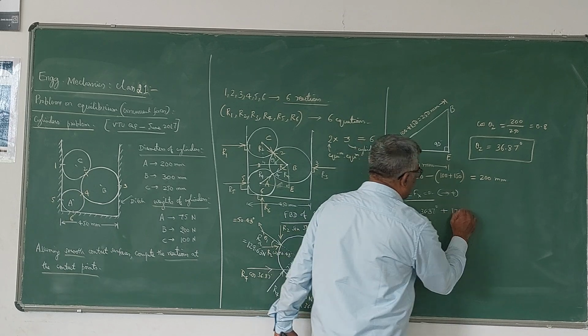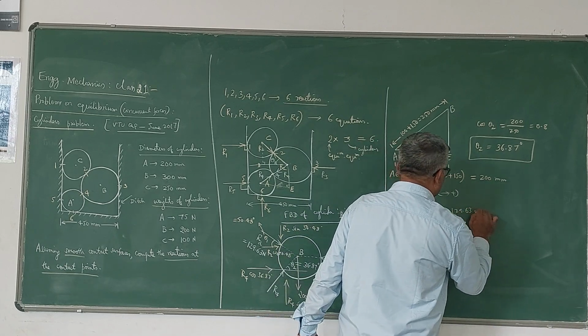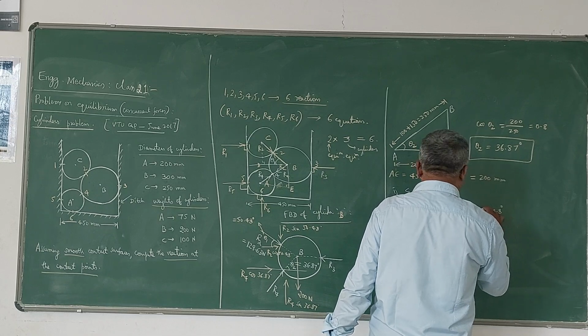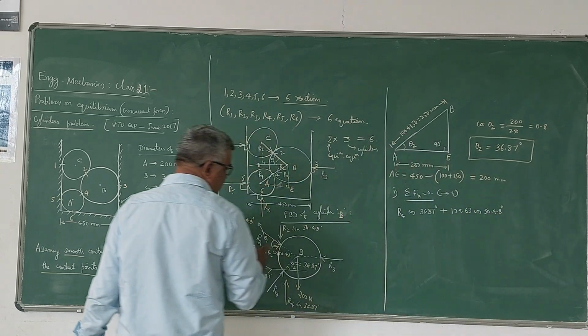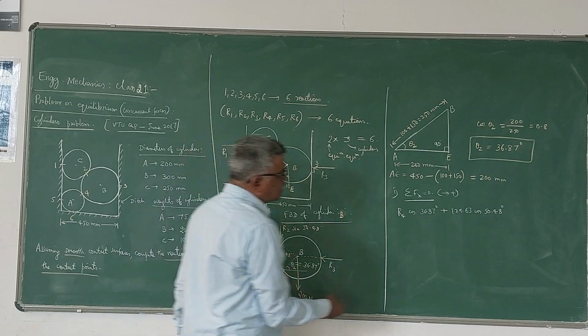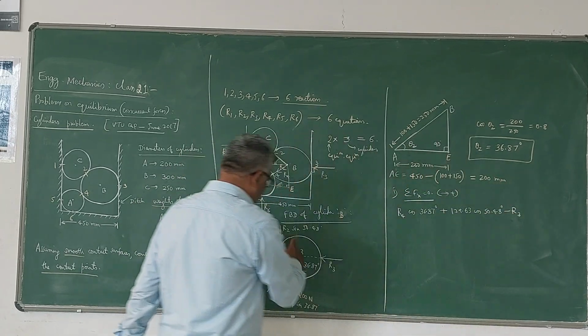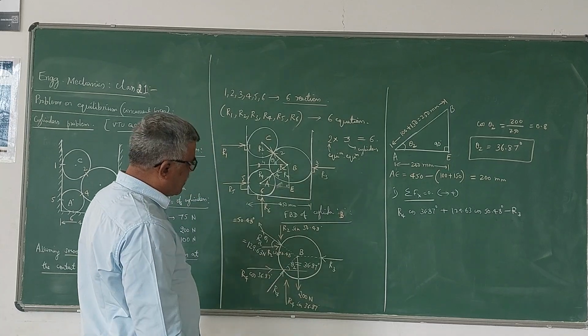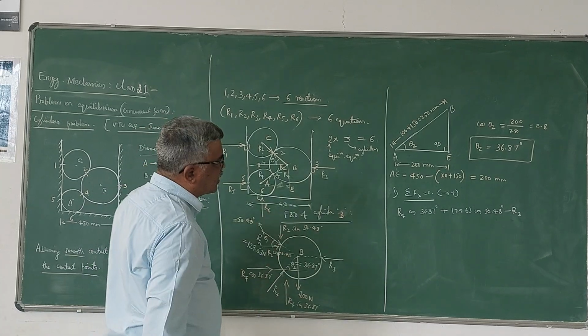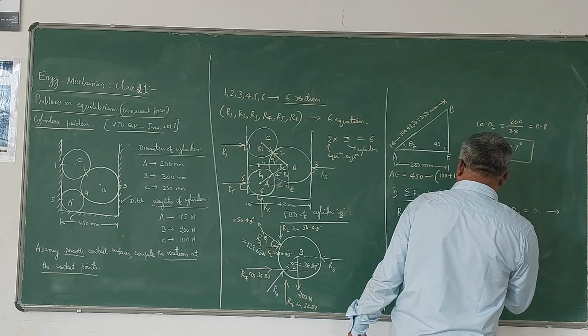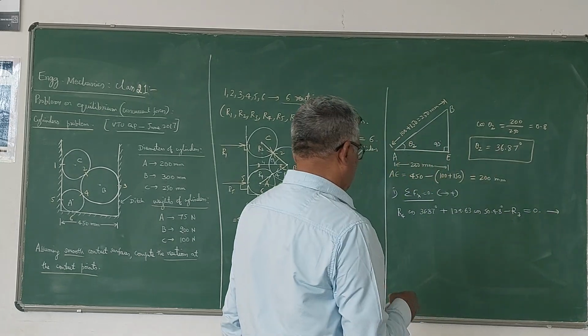Therefore, 129.63 cos 50.48 degrees is the horizontal component. Then R3 is acting in the opposite direction, towards left, minus R3. This weight won't come into the picture because it is acting vertically down. This is equal to 0. So there are two unknowns here, and we cannot solve.